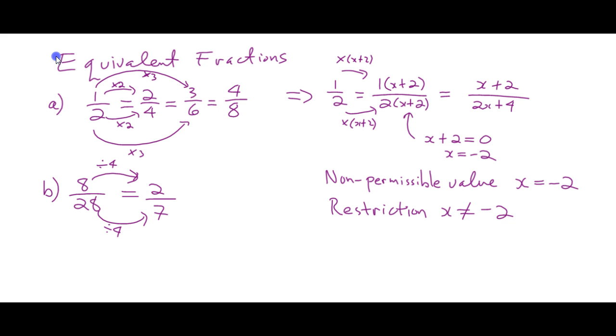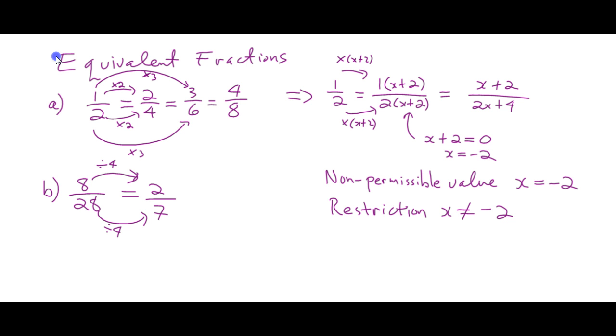And even this 1/2 is considered a rational expression. It's 1 over a polynomial, 2. Polynomials don't have to have variables, they can just be numbers. So a regular fraction like 1/2 is considered a rational expression.